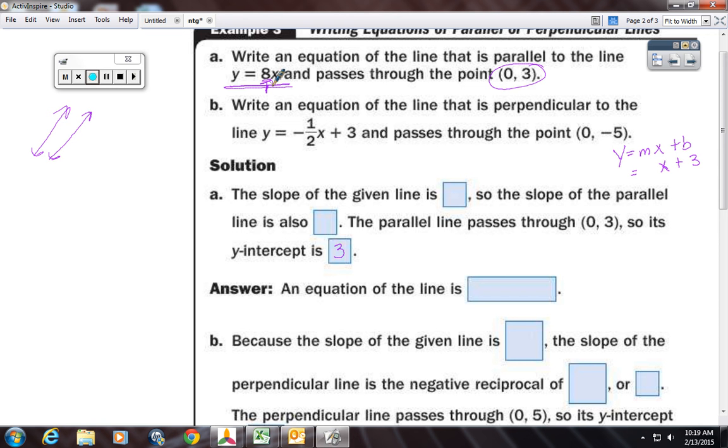Now if the line is parallel, it has the same slope. So the slope of the given line is 8, and since these lines are parallel, their slopes match. So the slope of this line would also be 8. The answer is y equals 8x plus 3.